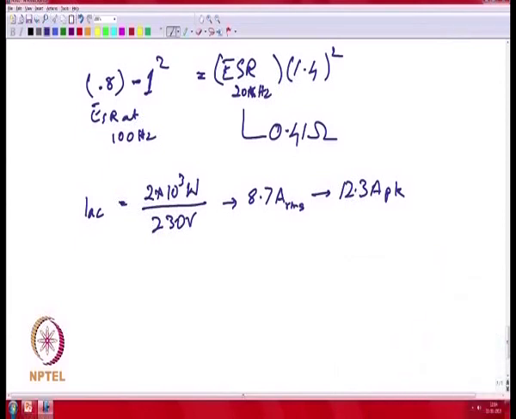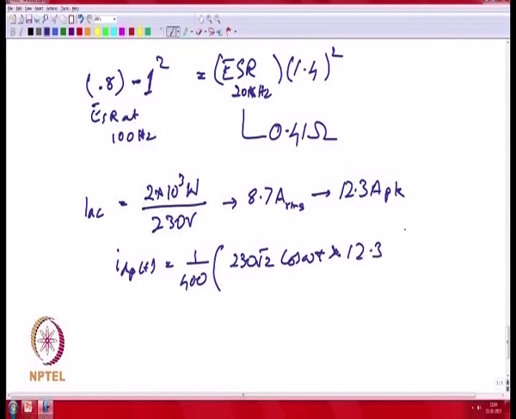So your IDCP of t is now 1 by 400, which is your DC bus voltage, into 230 root 2 cos omega t into 12.3, which is the current cos omega t, assuming unity power factor of operation.